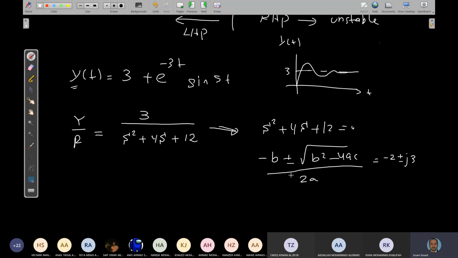Because if I evaluate, this will be s squared plus 2 times the real part, which is the 4, plus the magnitude squared, which is 4 plus 9, so this will be 13. So the roots for this system, s1,2, are minus 2 plus or minus j3.